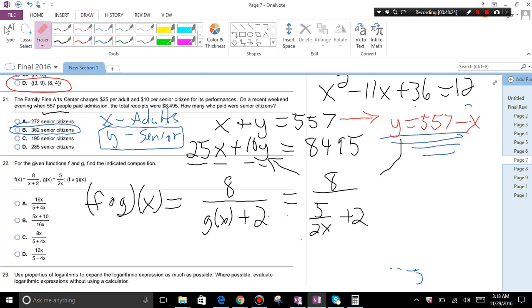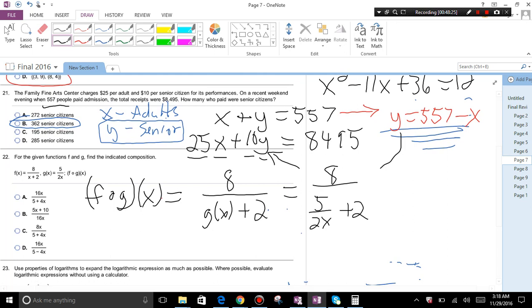Right, so now we have a fraction, 5 over 2x, inside another fraction. And nobody ever likes that. And so what they'll do is they'll multiply the numerator by 2x, and then multiply the denominator by 2x. They do this to get rid of the fraction in the denominator. 8 times 2x is what the numerator becomes.